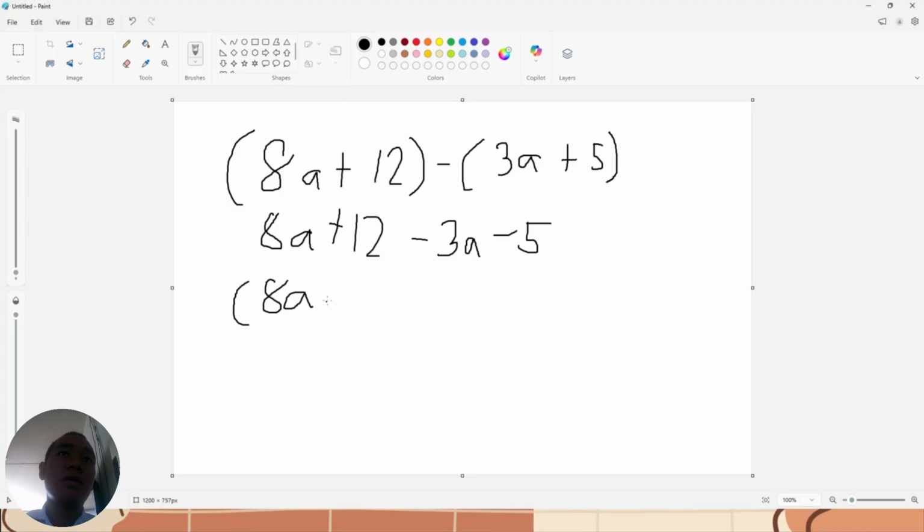8a minus 3a. Then we have positive 12 minus 5.